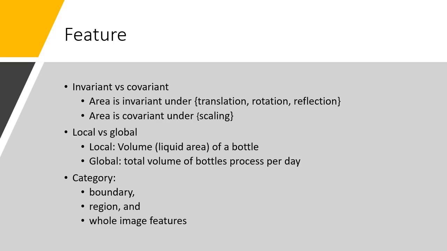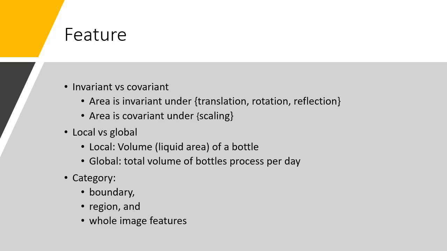Now, we could also distinguish features as local features or global features. Global features are the features obtained from the entire image, whereas local features are the features extracted from parts of the image, such as the corner that we discussed before.